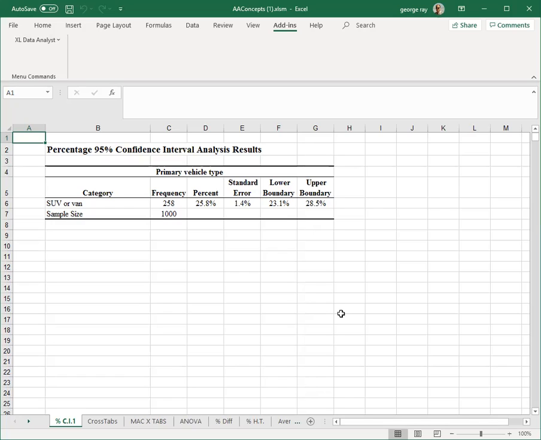We had a standard error of 1.4. Multiplying that by the 1.96, we get a limit. We subtract that limit from 25.8 and get a lower boundary of 23.1. We add the limit to 25.8 and we get an upper boundary of 28.5.